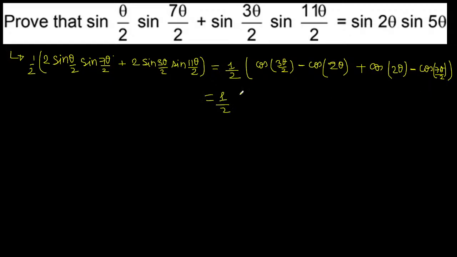This is 1 by 2, cos 3 theta by 2 minus cos 7 theta by 2. Cos c minus cos d is 2 sin (a plus b) by 2.